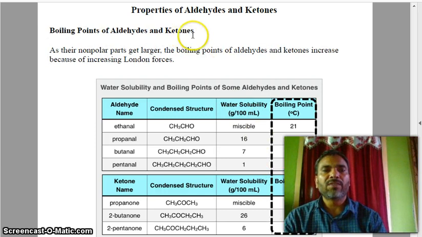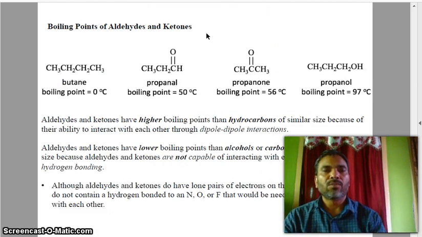Now the boiling point of aldehydes and ketones: as their nonpolar parts get larger, the boiling point increases because of increasing London forces. I repeat, as their nonpolar parts get larger, the boiling point of aldehydes and ketones increases because of increasing London forces.